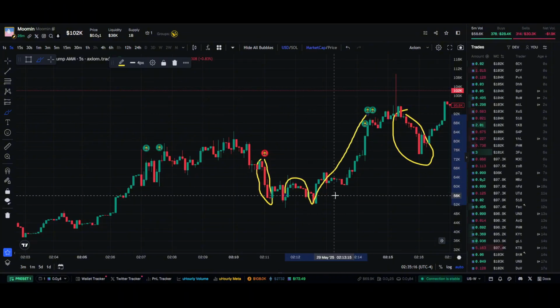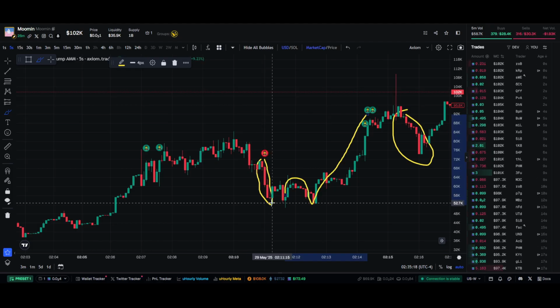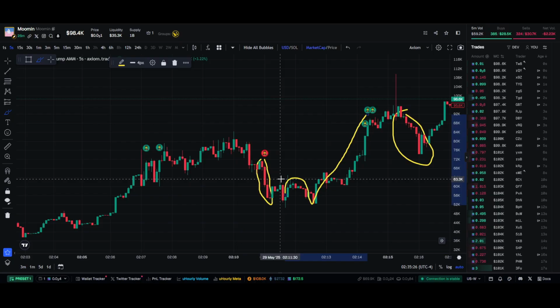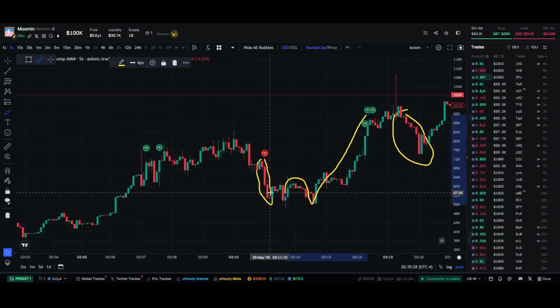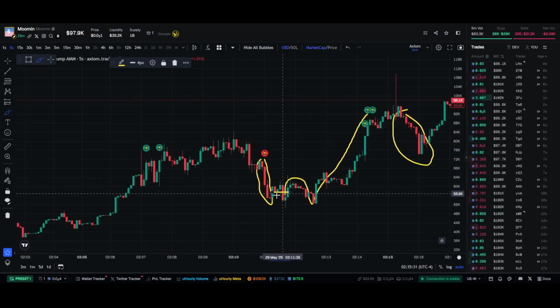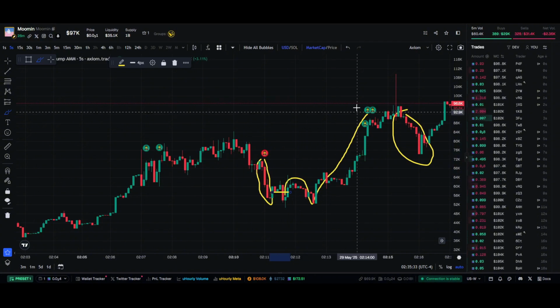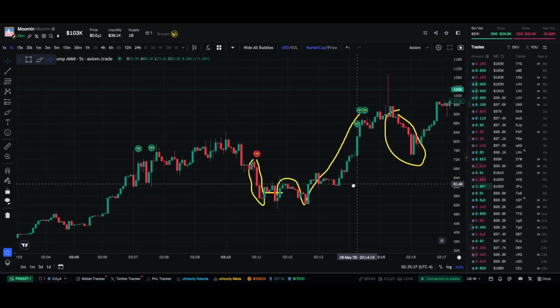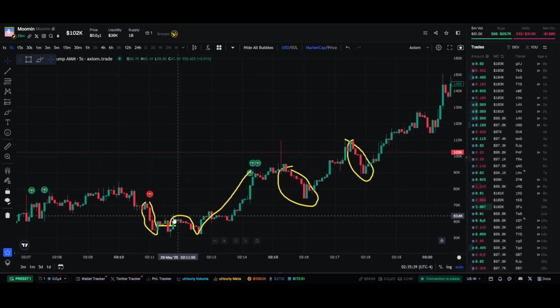Usually, like 80% of the time, there is going to be a little fluctuation here because there's people trying to sell, people trying to buy, and then it exhausts itself. It goes sideways a bit, and then it finally does the double bounce and goes up, or it just ends up going upwards without any resistance like this.